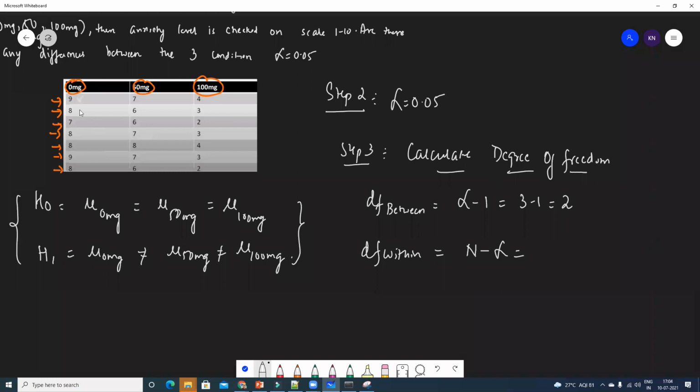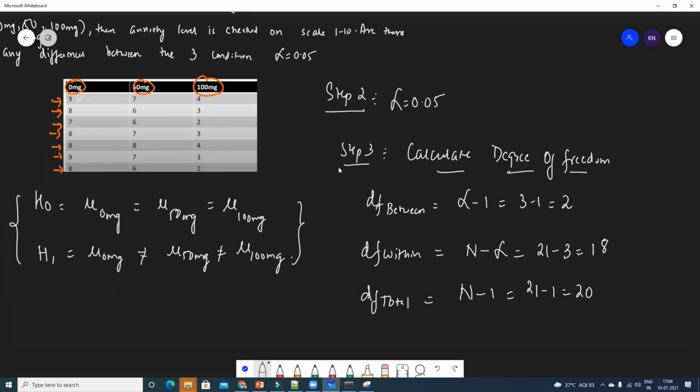It is number of all the elements. 1, 2, 3, 4, 5, 6, 7. 7 multiplied by 3. It is the total population. Right? So it is nothing but 21 minus 3, which is nothing but 18. And degree of freedom total, obviously everybody knows this, N minus 1 will be there. So here I can write 21 minus 1 is equal to 20. Clear?